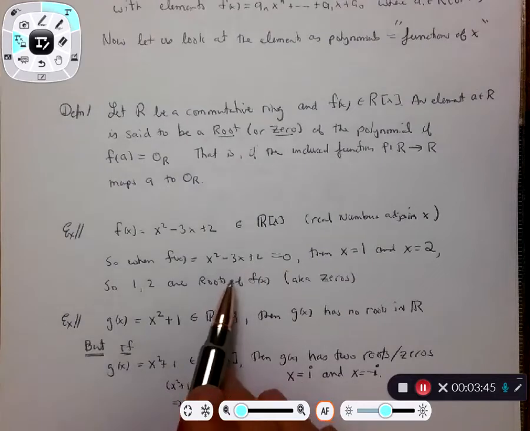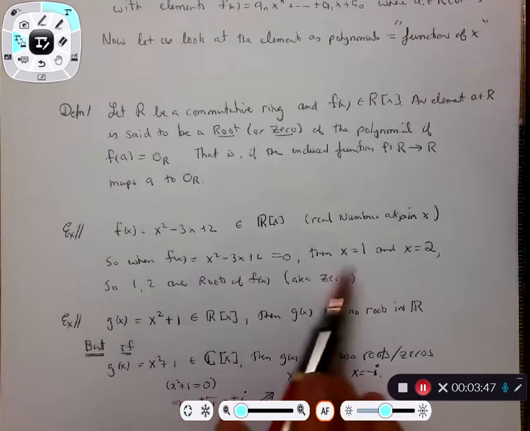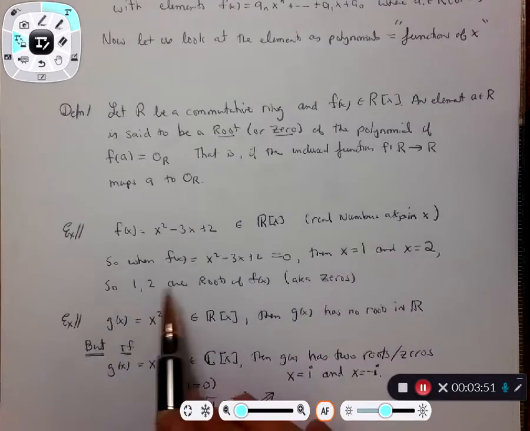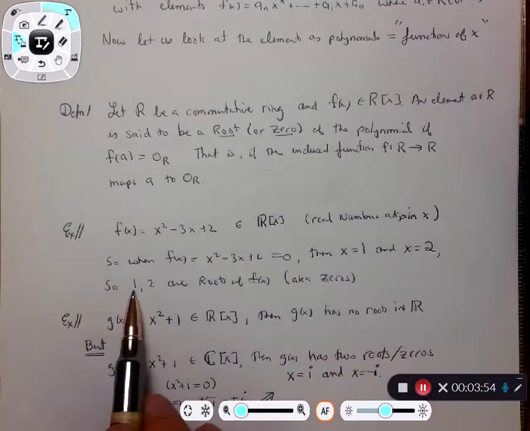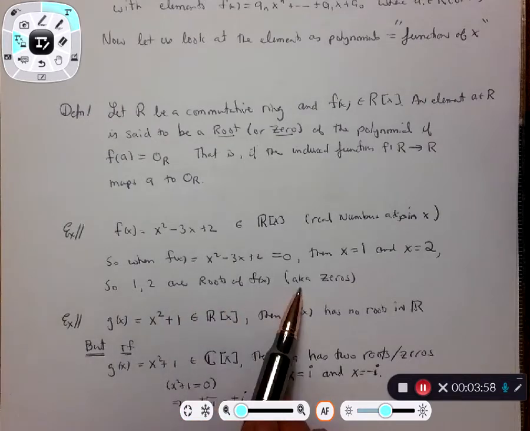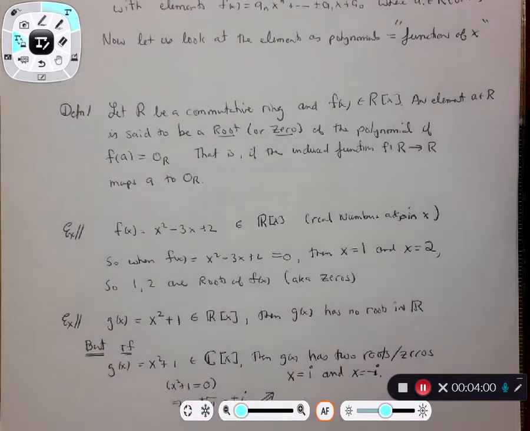You set each factor equal to 0. X minus 1 equals 0, x equals 1. X minus 2 equals 0, x equals 2. So I get two roots. So x equals 1 and x equals 2 are roots of f of X, also known as zeros. It depends on which textbook you use, whether they call them roots or zeros, but it's the same thing.